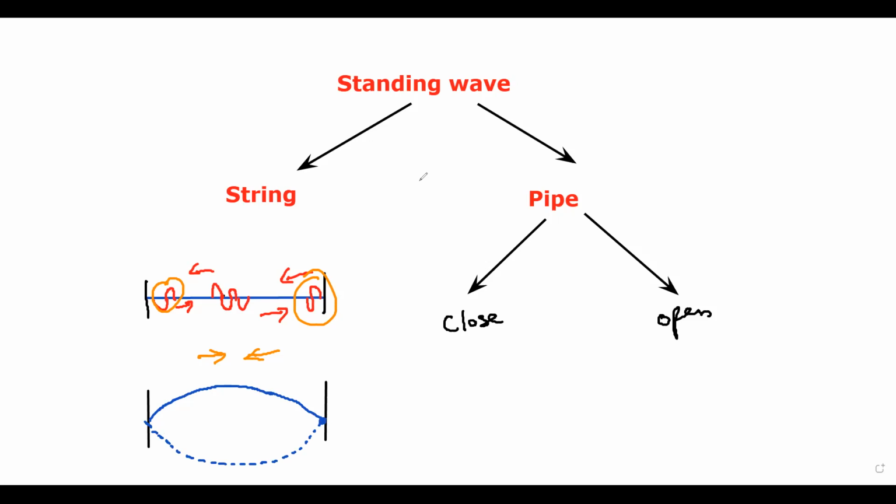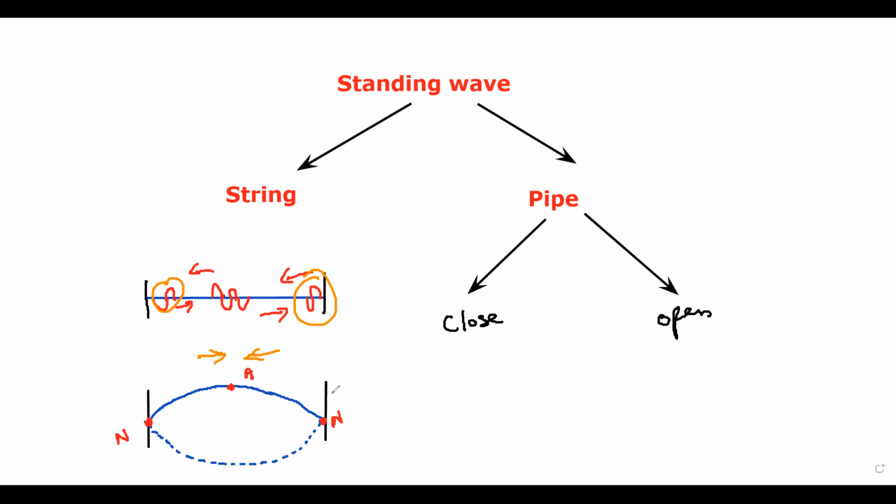So this will be node, this will be node, and this one is antinode. But it's not only this pattern that can be produced; this part of the wave will either be on the side of the crest or on the side of the trough.